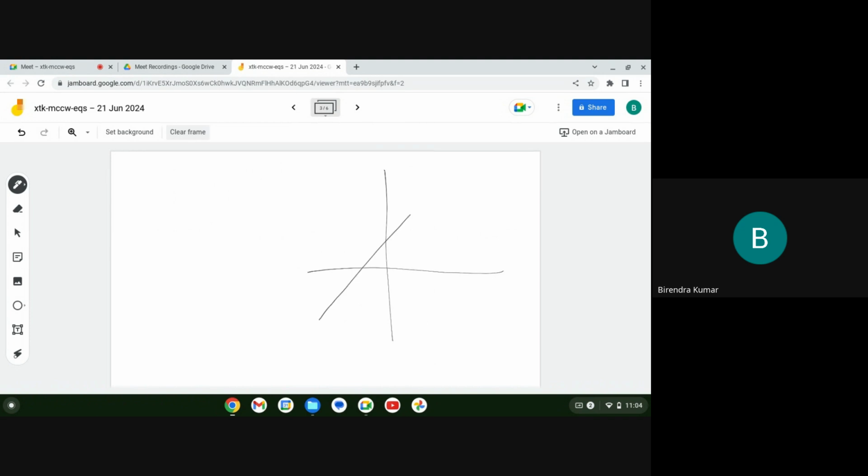Now, any line. What did I do just a few minutes ago? I said y equals 2x plus 3. I was just drawing this line. What did I do? I put different values for x. I put x equals 0, let's say, and found the corresponding value of y. I could have picked the value of y as 0 and then found the corresponding value of x. That's what gives me 2 points.